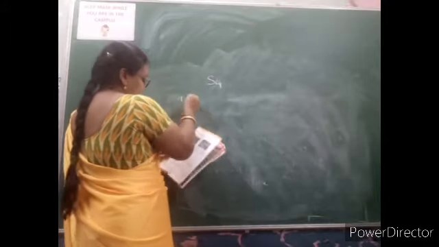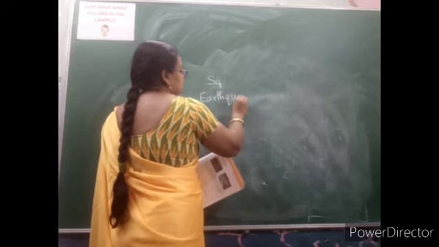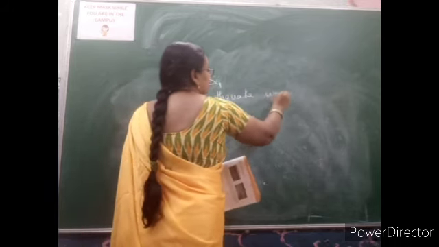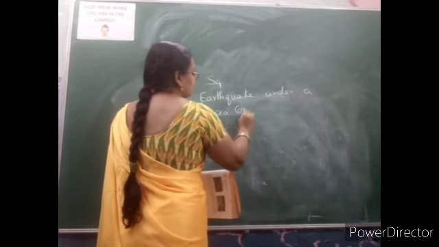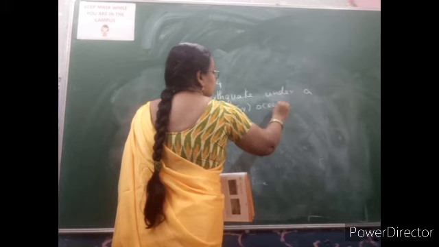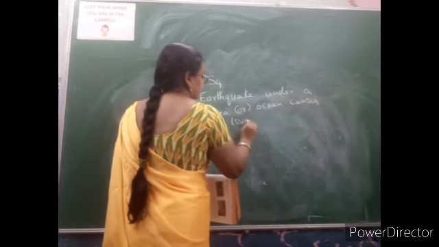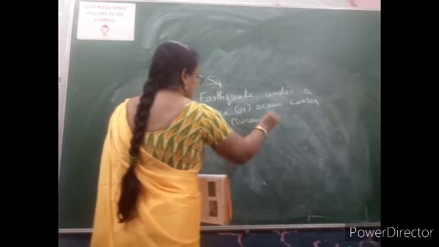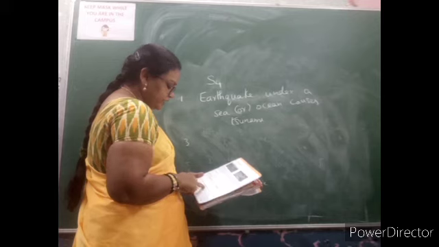S4, causes of tsunami: earthquake under the sea or ocean causes tsunami. The second one you are going to do on your own. Can a city near a river be affected by a tsunami?